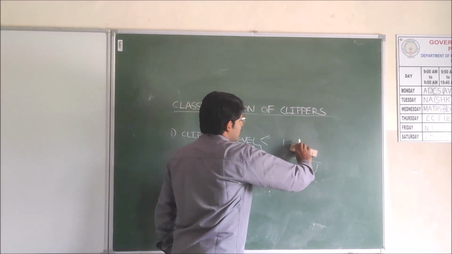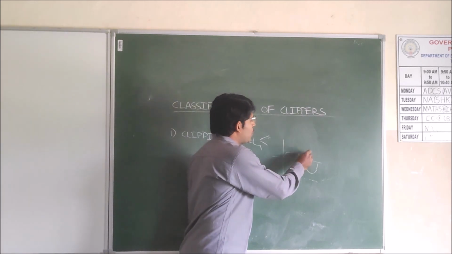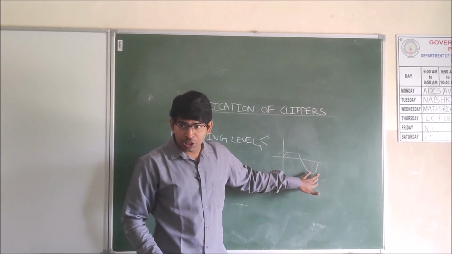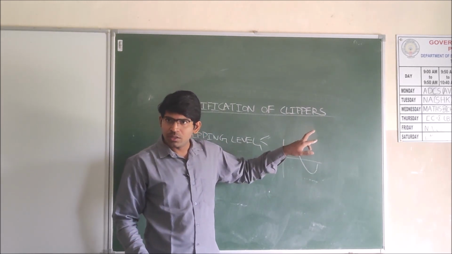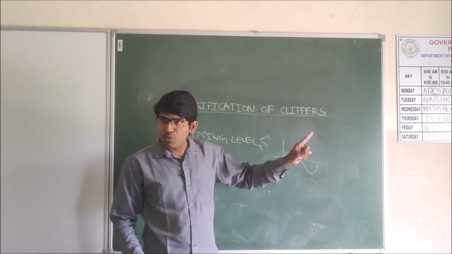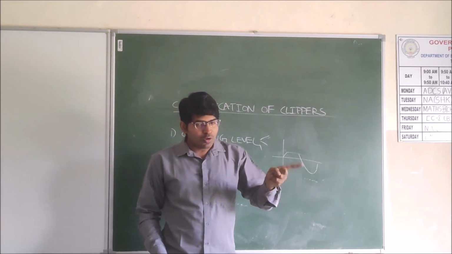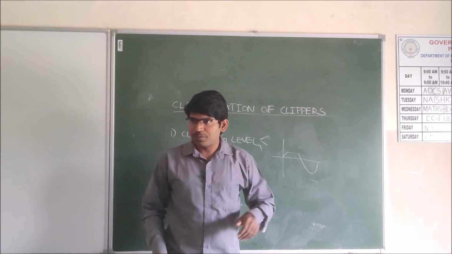If the clipping is in the positive portion of the signal, the positive peak is clipped, and there is no change in the negative waveform, then that type of non-linear wave shaping circuit is called a positive clipper.